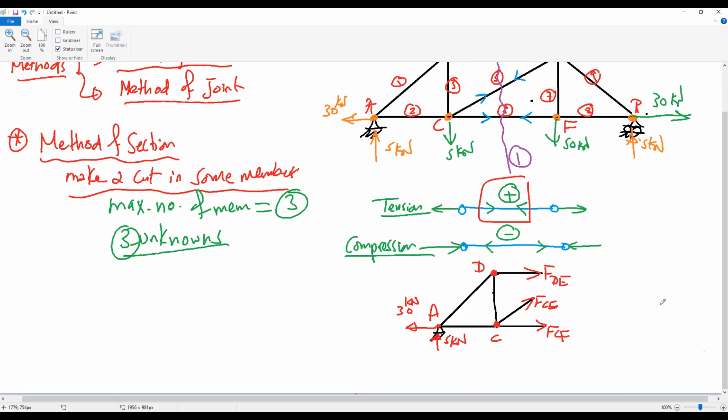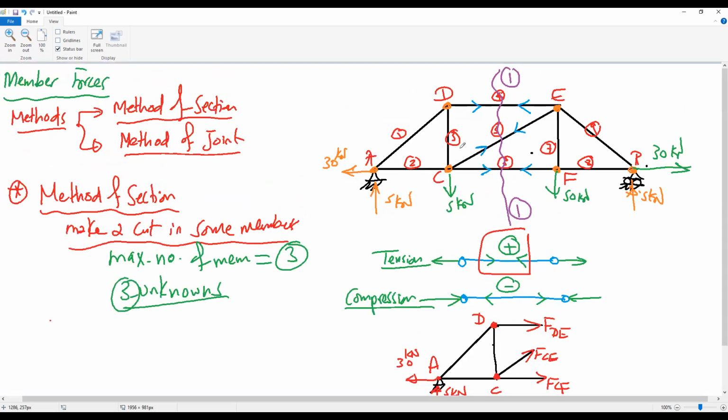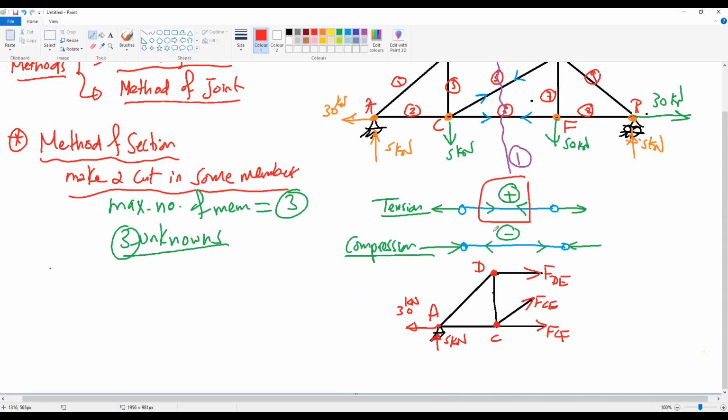Yeah, we will use the sine and cosine rules, but before this, how many unknowns do we have, as we mentioned? 3. Is that correct? We have 3 unknowns. So we need to apply our 3 equilibrium equations, which are summation x equal to 0, summation y equal to 0, and summation moment equal to 0.